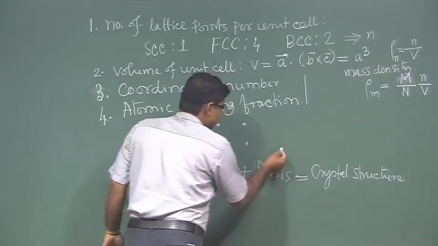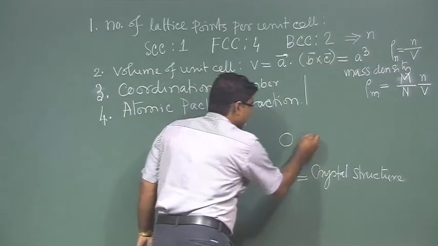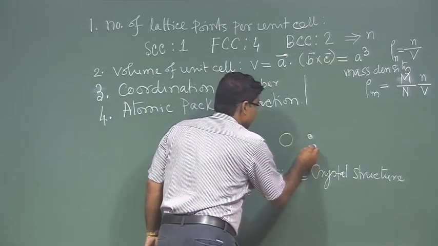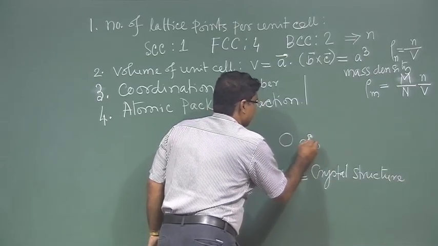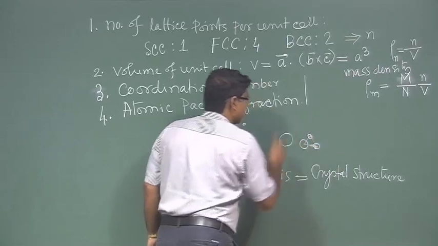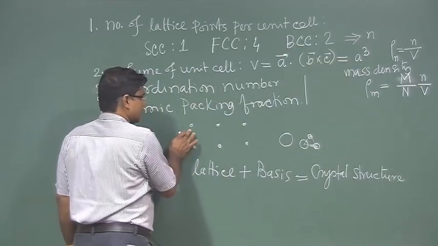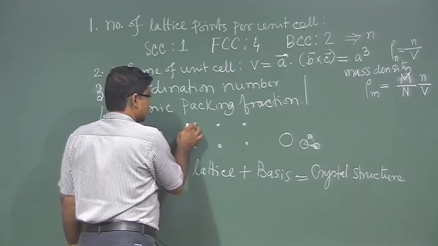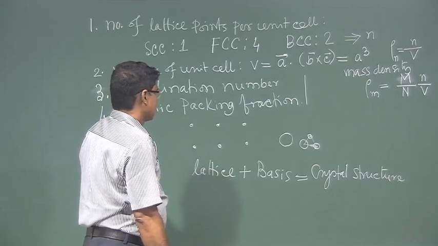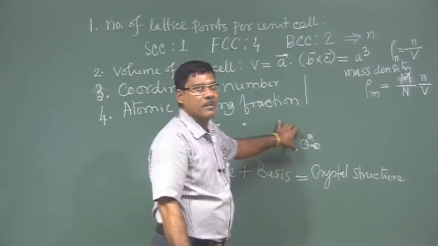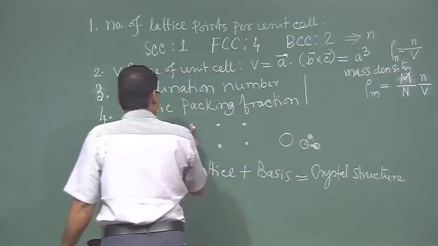So, basis can be just one atom like this, okay, or it can be a group of atoms, okay. So, whatever it is, we have to attach it to each lattice point in such a way that center of this atom or group of atoms coincides with the lattice point.